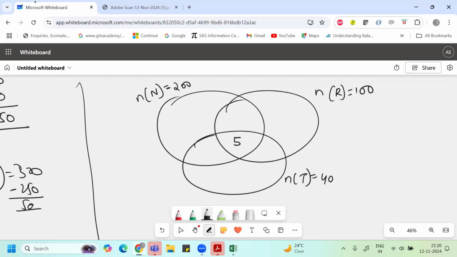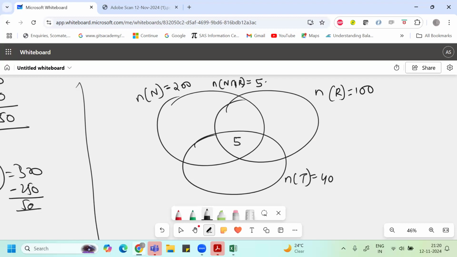Okay, Prideshni. And then the total number of all, that is newspaper, radio and television, is given as 5. Then N of newspaper intersection radio is given as 50.